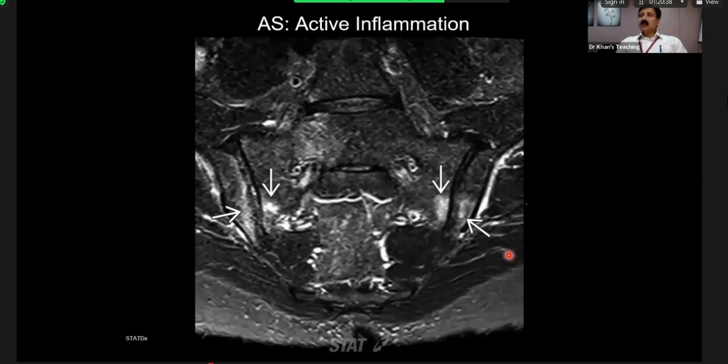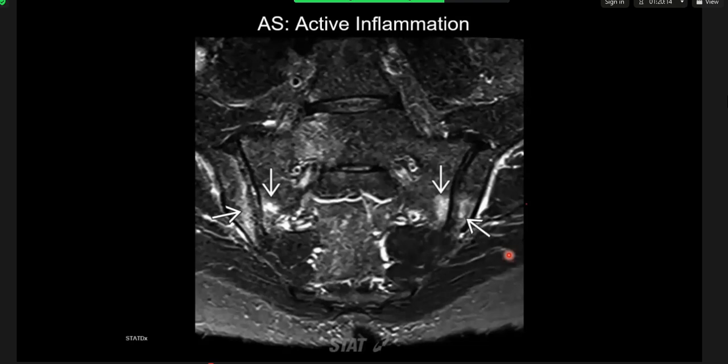If, candidate 5, the rheumatologist sends this patient to you, rule out ankylosing spondylitis, how will you report it? So this is a single coronally oriented fluid-sensitive MRI sequence through the pelvis.